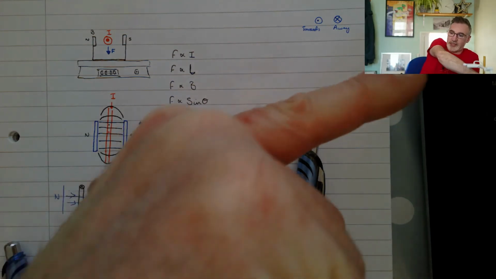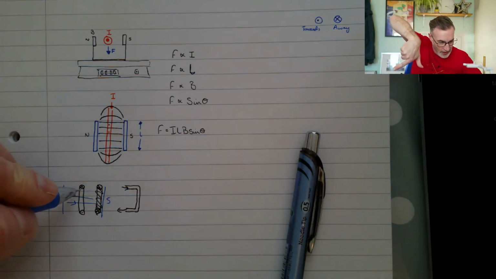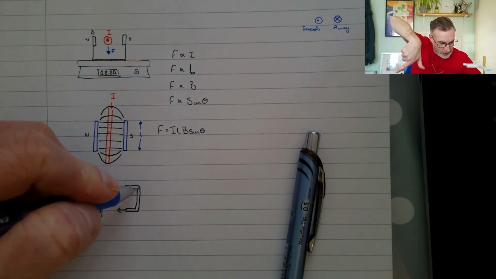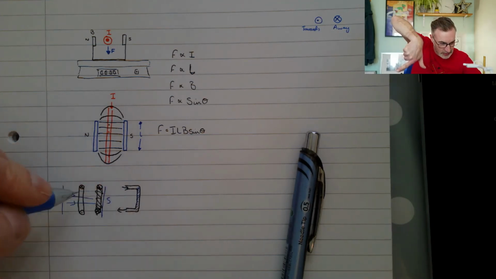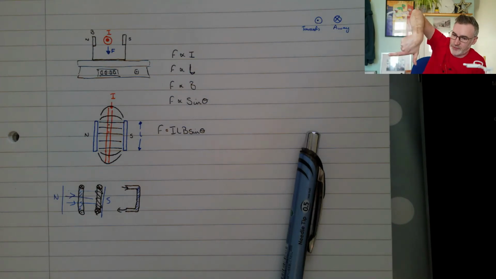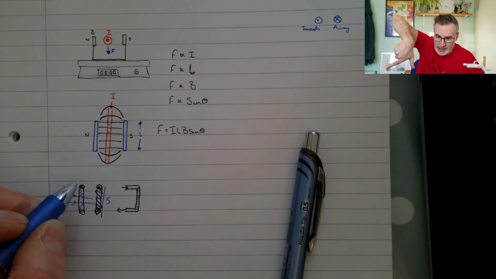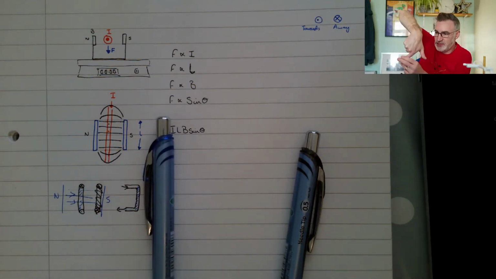B going in that direction there. Our current is going there. Now, in this portion of the wire, when it's flat, it's having a downwards force. In this bit of the wire, as it's going down, we need to change this.